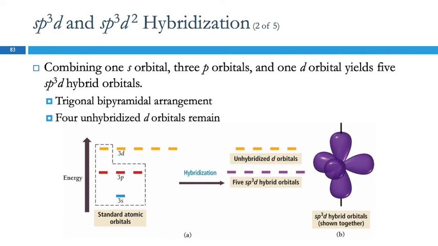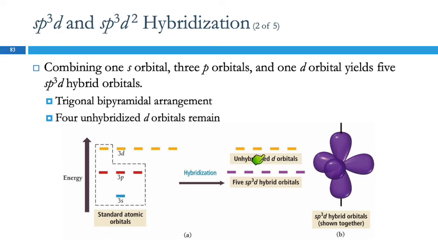So if we go 5 things together, the 5 groups, we've got the S and 3 P's and a D. We get 5 identical orbitals. What do 5 balloons do? They make this trigonal bipyramid. Now, each of these might be half-filled, and they can overlap with other half-filled orbitals.